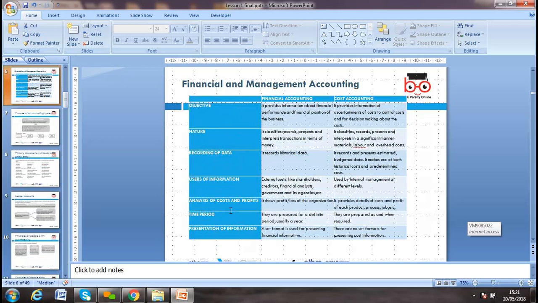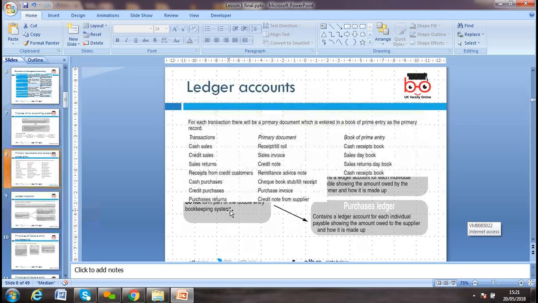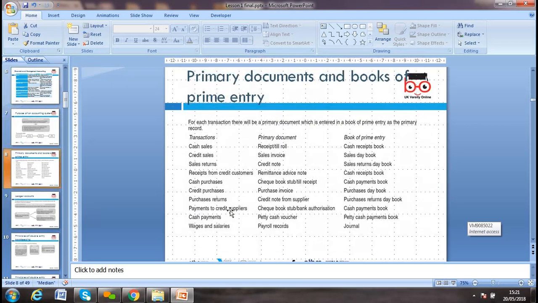Okay, so financial accounting and cost accounting; management and cost accounting are also internal, and the purpose is as we discussed. The user of financial statements is normally external. Next, the primary document that provides us the financial information.